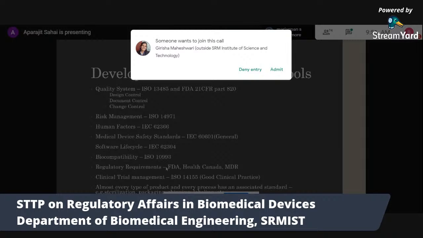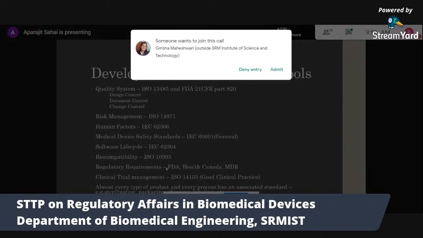Same thing with biocompatibility, ISO 10993. There are 12 standards, in fact. 10993-1 is the general, and then there are 12, actually 18, if I'm correct. I may be wrong on the number here, but yeah, up to 18 standards that come under 10993, which have specific tests that you may need to run.